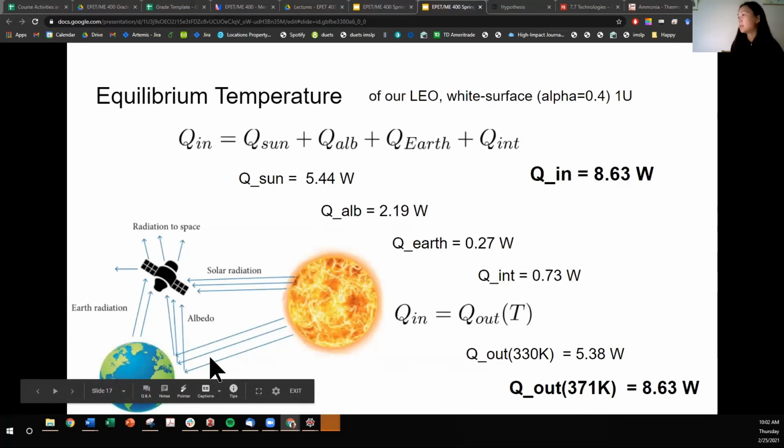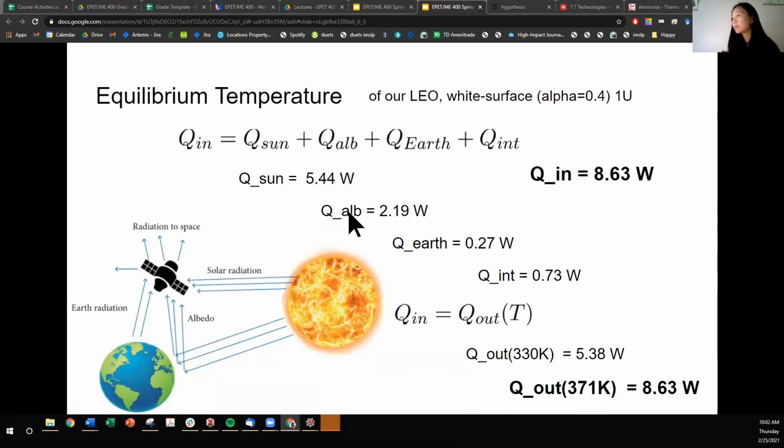So let's walk through it. Our Q sun, remember, is 5.44, Q albedo, about 2 watts, Q earth, 0.27, Q internal, 0.73. That takes our total, the amount of heat coming into the spacecraft, to 8.63 watts.